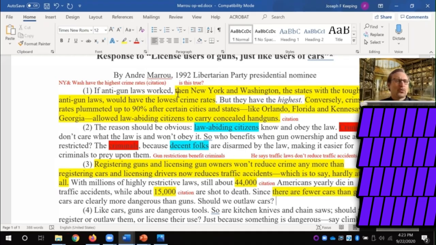Really? Are you sure? I'm not sure it's not true. Is this true? So there's nothing about paragraph number 3 that isn't problematic.